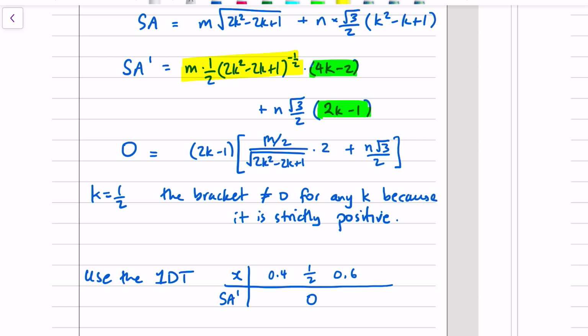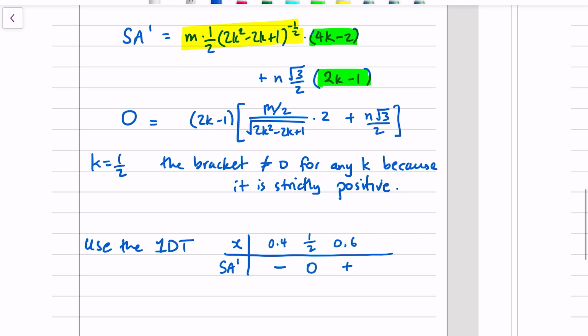So we've got a negative slope, and if I do 0.6, I get a positive, and therefore we've got a minimum because we're going downwards and then upwards. Therefore, k equals a half is a minimum.